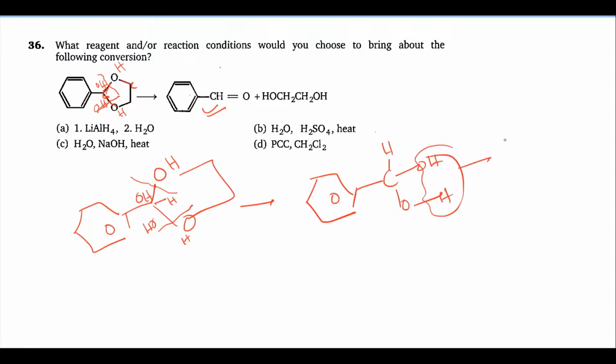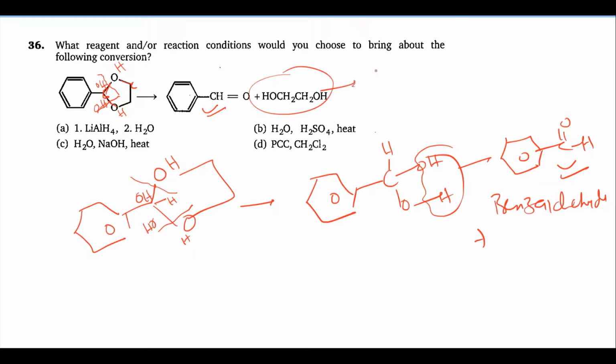Water is eliminating, because the existence of two nucleophiles is unstable. So this is benzaldehyde. And another thing you are going to get, as usual, is ethylene glycol. Okay. So the correct answer for this question is option B.